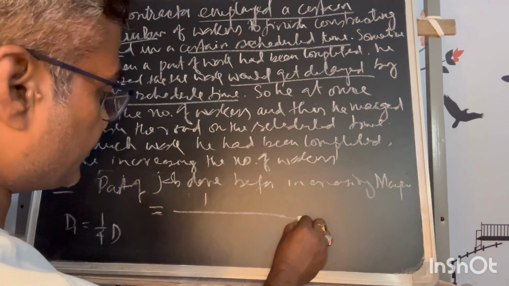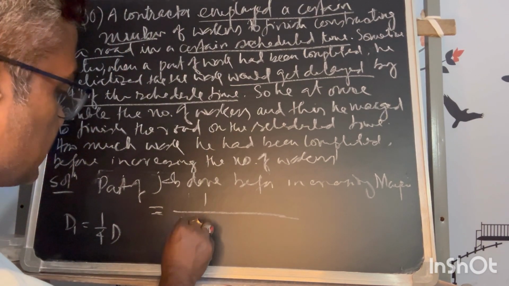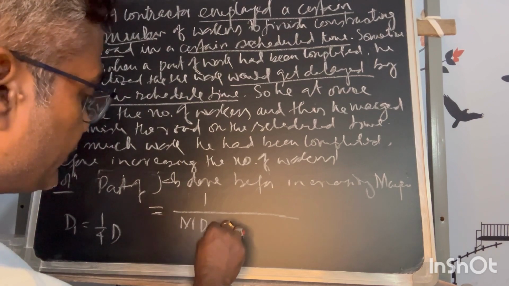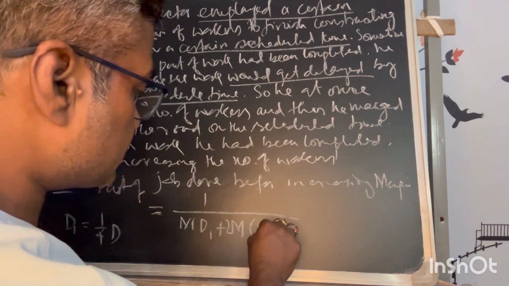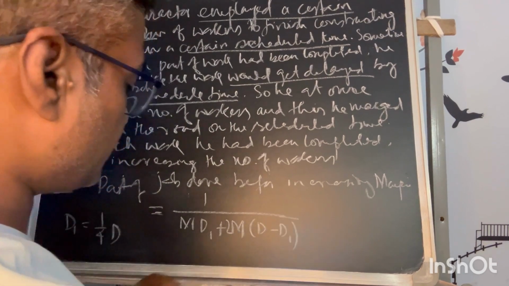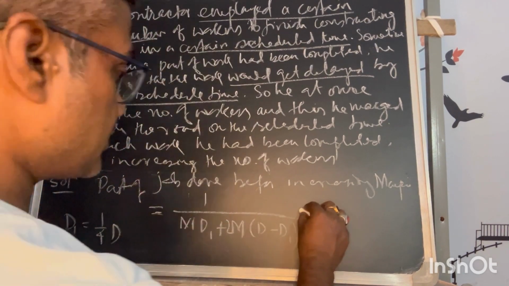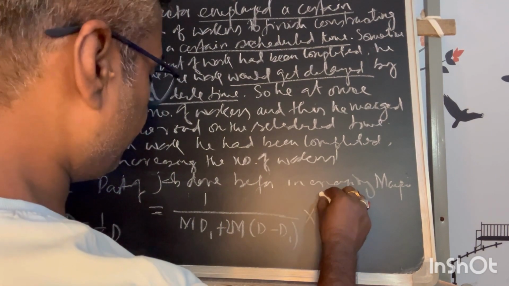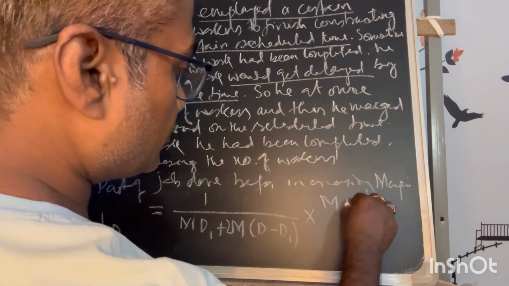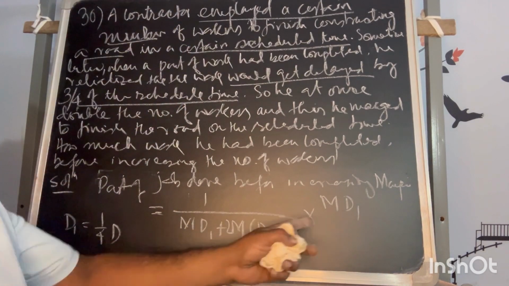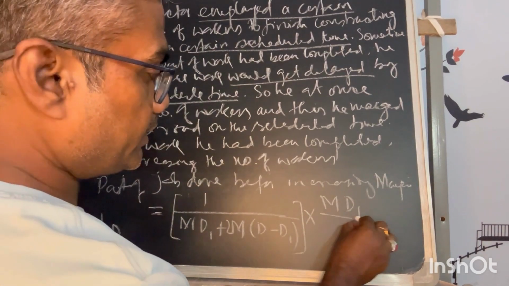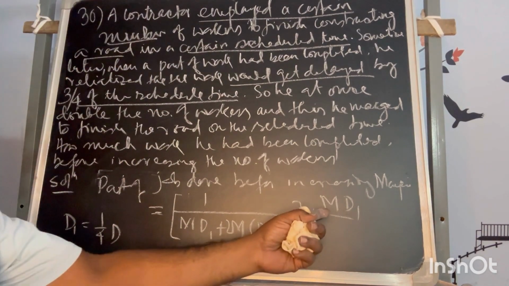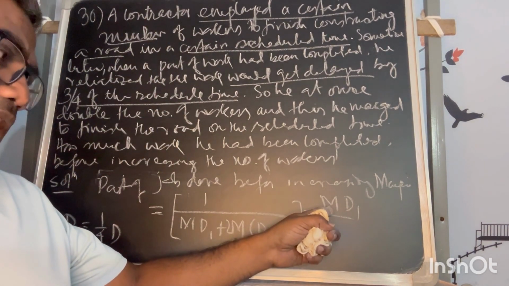For the first case, rate of work is m into D1 plus 2m into D minus D1. This is the rate of work for the first case, and he did m into D1 part. So this is the rate of work into the days, the complete number of days when only m is there.